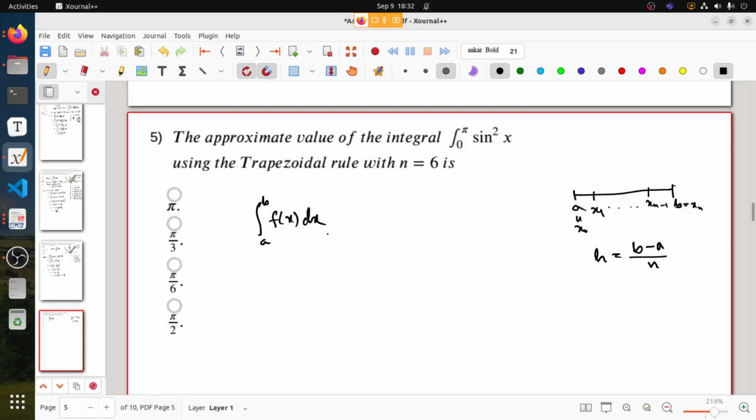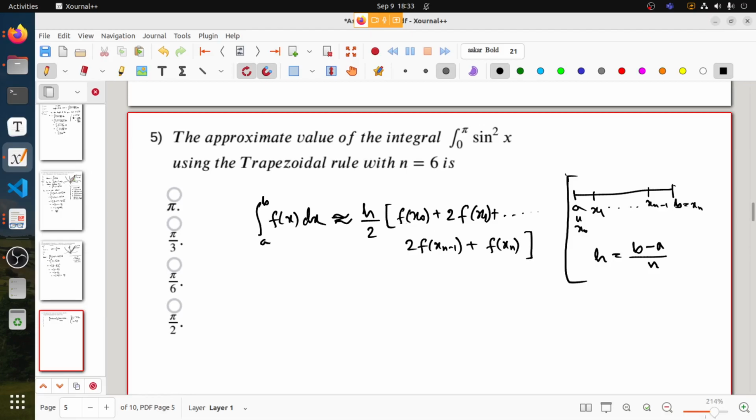Then the trapezoidal rule says that this will be approximately equal to h by 2 into f of x0 plus 2 into f of x1 plus dot dot dot 2 into f of xn minus 1 plus f of xn.